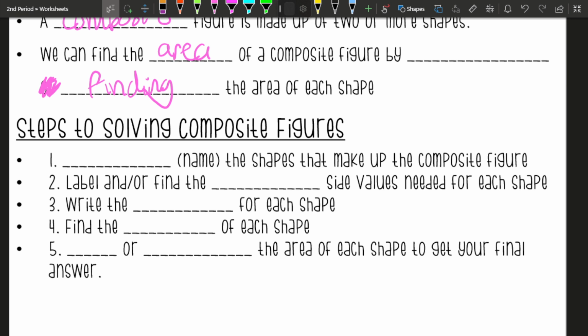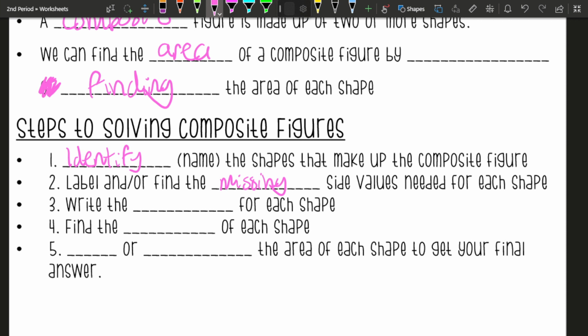First, identify or name the shapes that make up the composite figure. 2, label and/or find the missing side values needed for each shape.